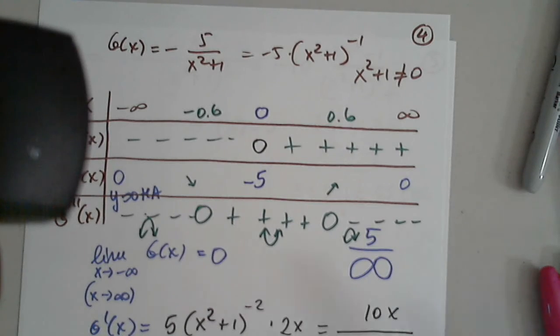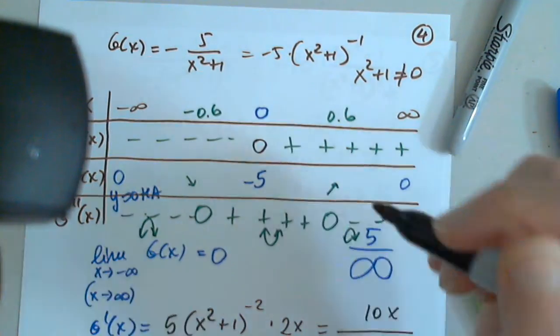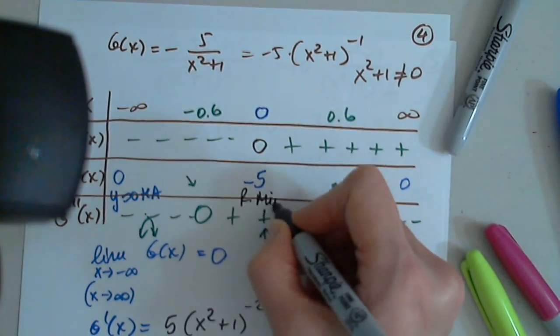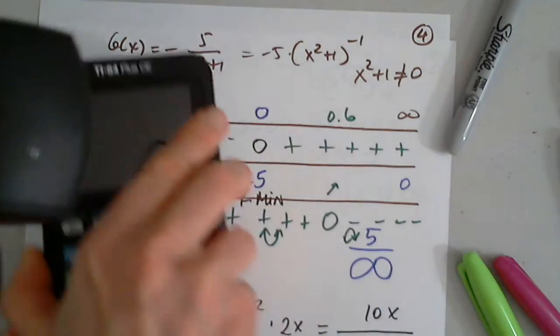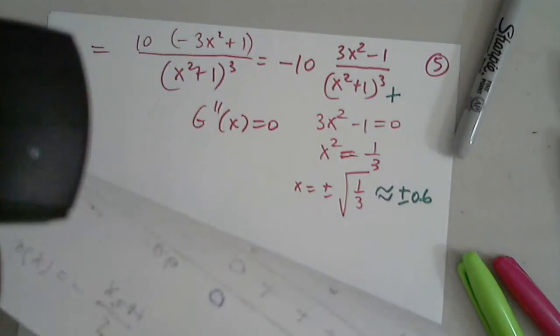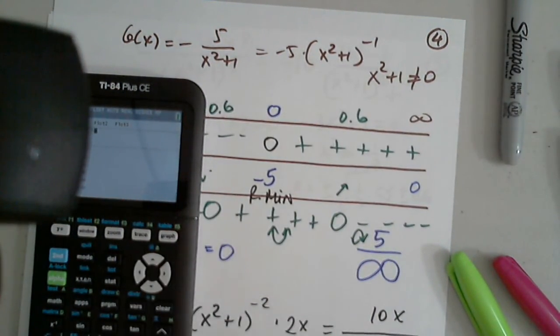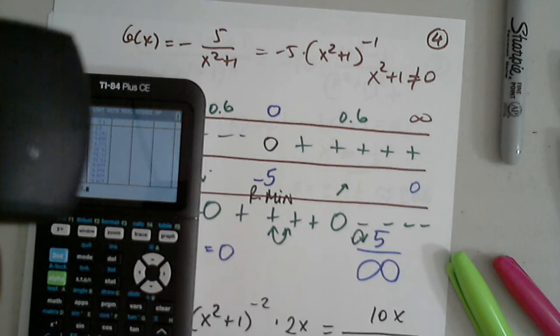And now let's identify the points. What point is 0, negative 5? Relative minimum. Excellent. What point is negative? So our function was y equals -5 divided by x squared plus 1. So I want -0.6.